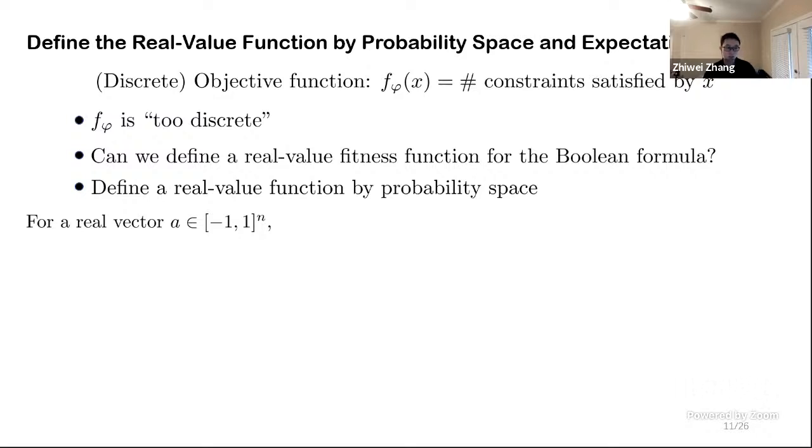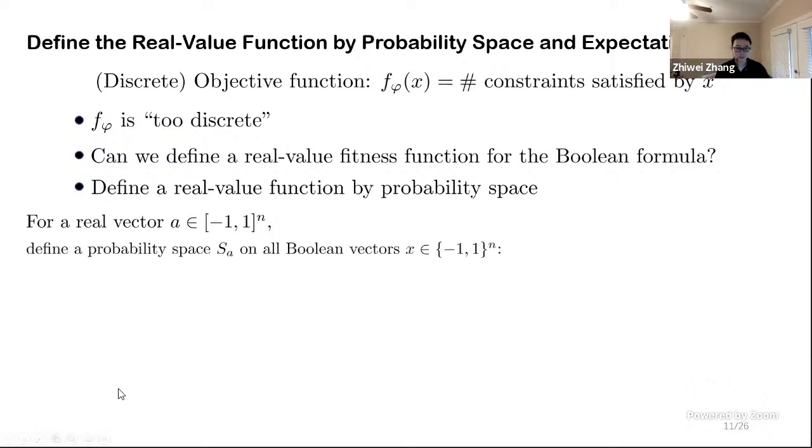Here is how we do it. We want to define a real value fitness function for all the real vectors which are constrained in the Boolean box from -1 to 1. So we can define a probability space based on the real vector A. The probability space will be applied on all the Boolean vectors.